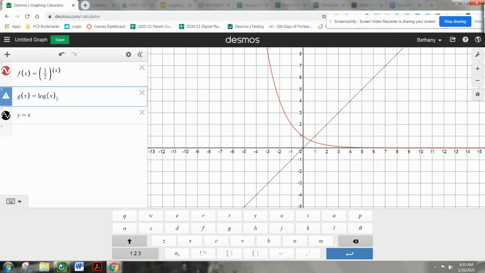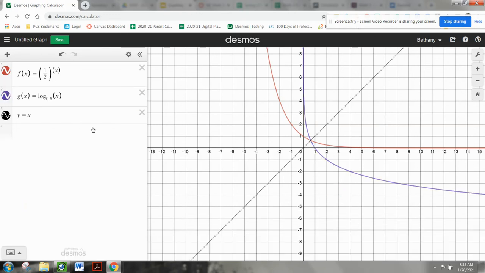Sorry, I'm on the bus. 1/2. Oh, why won't it let me? Okay, I'm going to put 0.5 since it hates me so much.